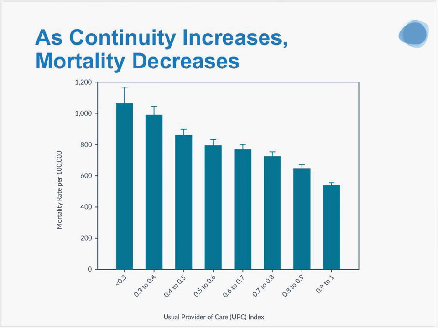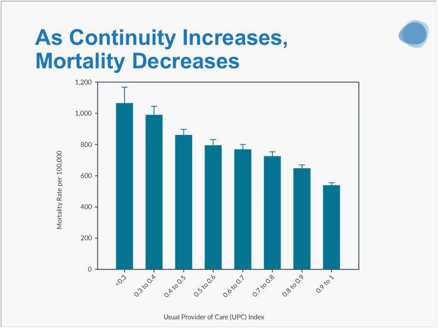If cost is not enough of a motivating factor for folks to want to do this, this slide should be, in my opinion. This also is Alberta data, and essentially what this shows is that as continuity goes up, so as the graph moves to the right, the chance of your patient dying, or the mortality rate for that population, drops significantly.